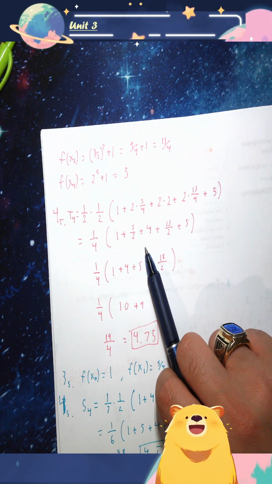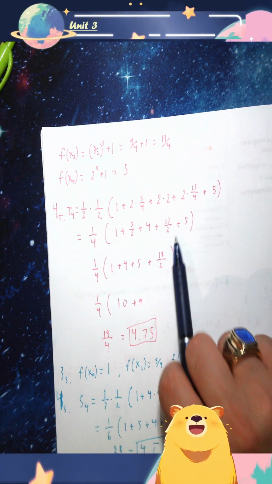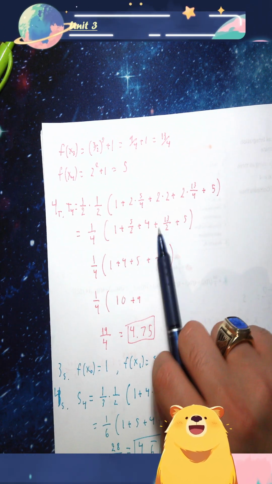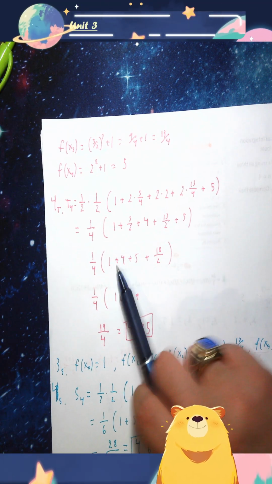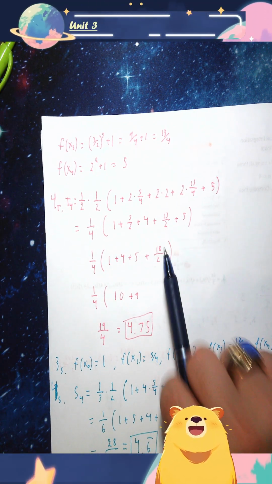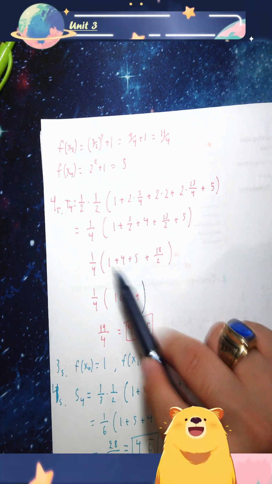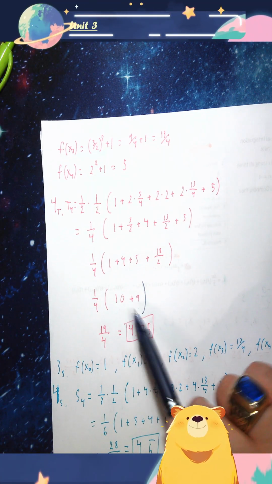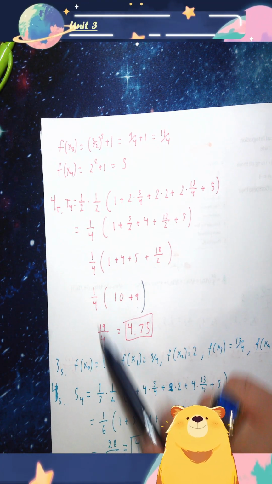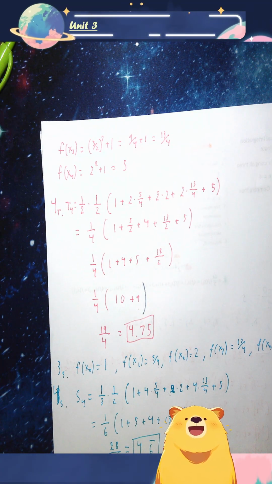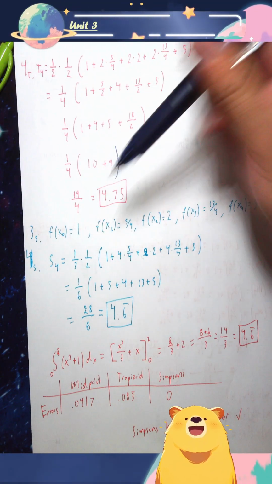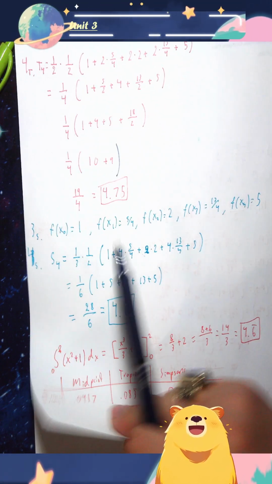I went ahead and took advantage of the fact that I can just manipulate these. So I put these on one side and combine these to be 18 over 2. That's just 9. That's just 10. So 10 plus 9 is 19. 19 over 4, 4.75.